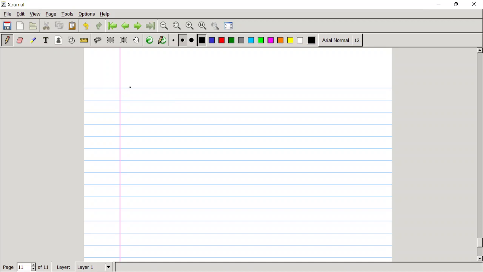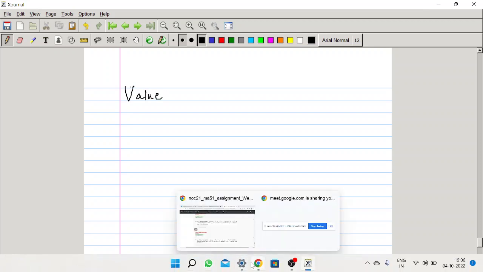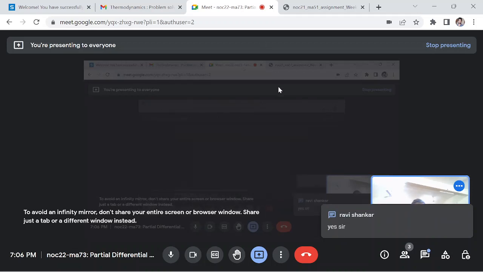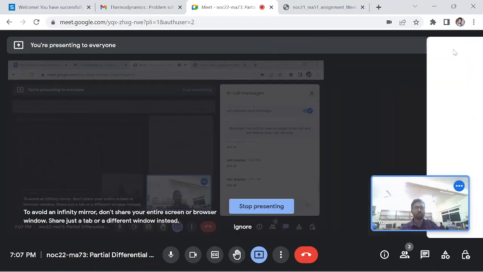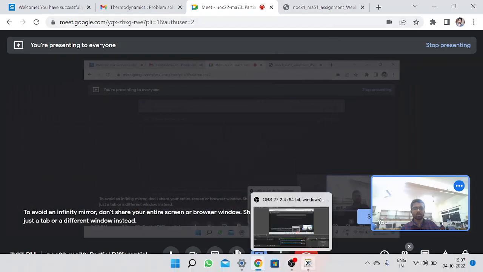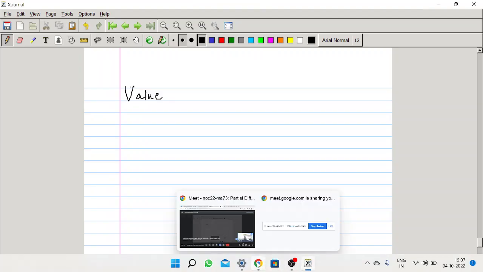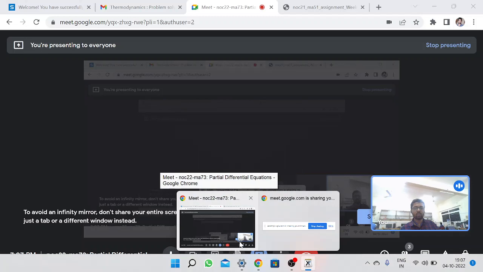Mean value property means the value at the center is equal to the average of the values on the boundary. I think you typed something. Yes. Oh, great. So tell me, can you unmute yourself and tell?